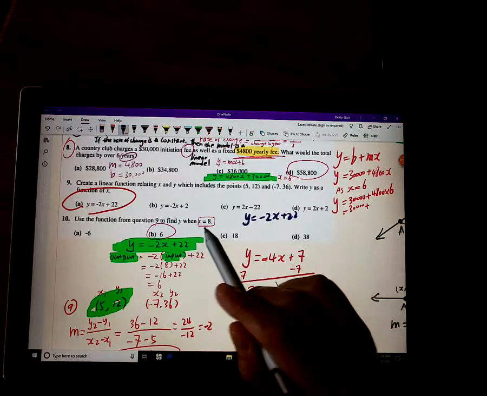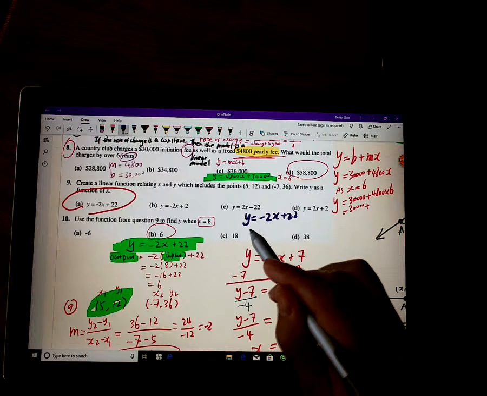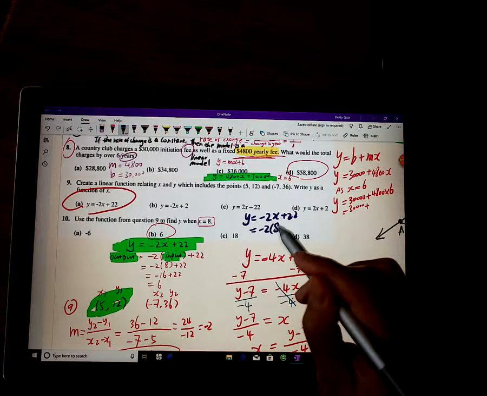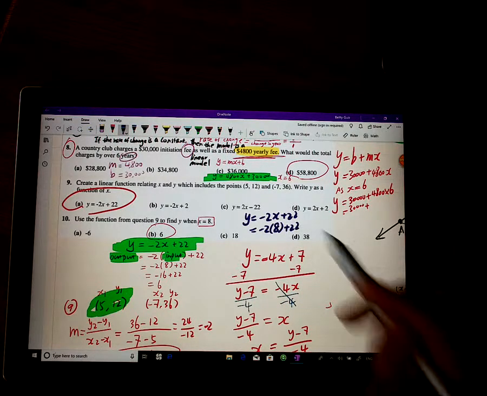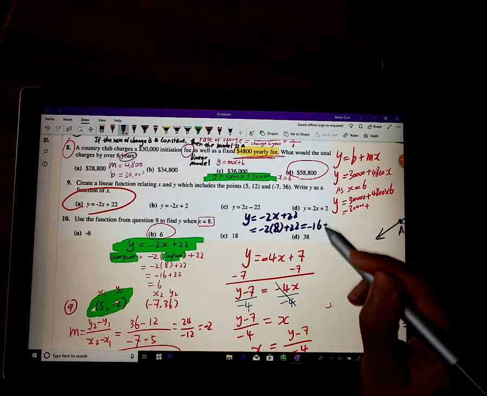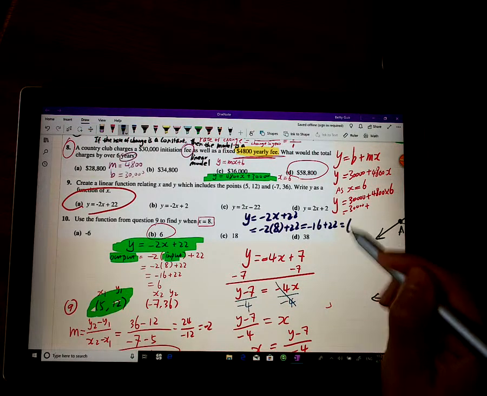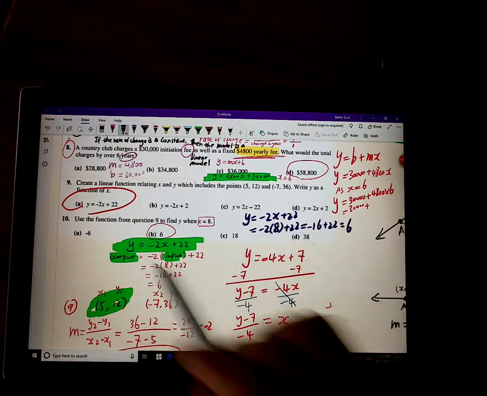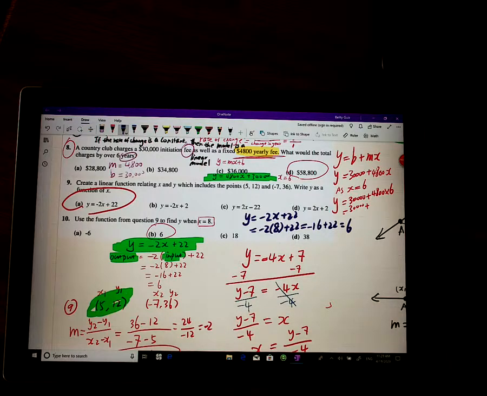Now we know the x value is 8. Then plug in x equals 8. Negative 2 times 8 is negative 16 plus 22. You do the math, you get the number 6, right? So the corresponding y value is 6.